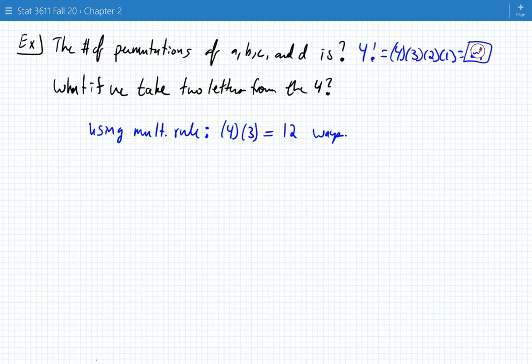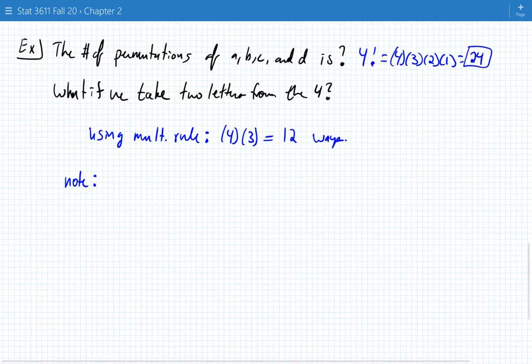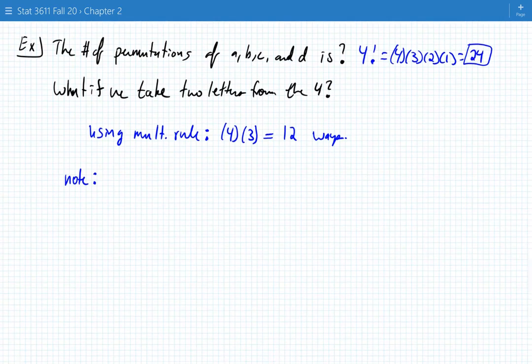All right. Is there a way to relate these permutations of these smaller sets to the larger idea of the full set, the factorial? Well, we can see a relationship here on these 12 ways, because 12 is exactly half of 24. But it's not that taking 2 from 4 is half the size of this set. It's because of 4 factorial over 2 factorial.